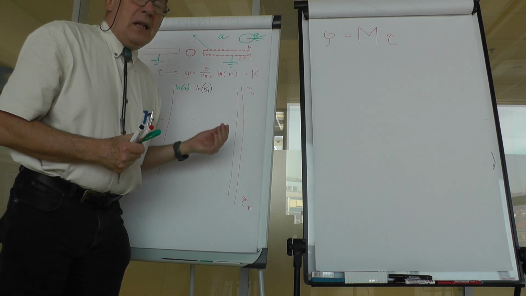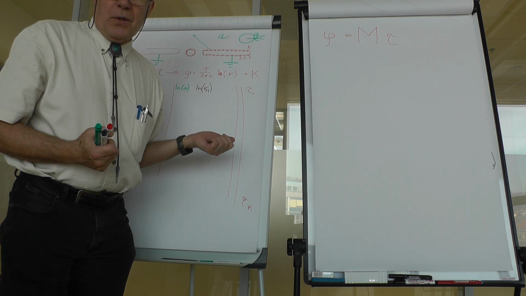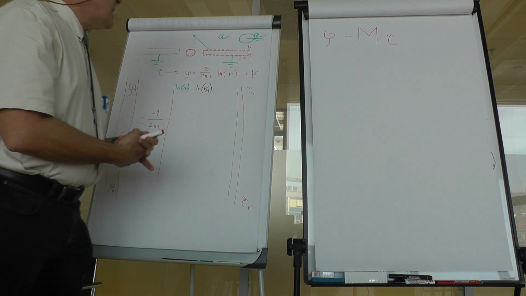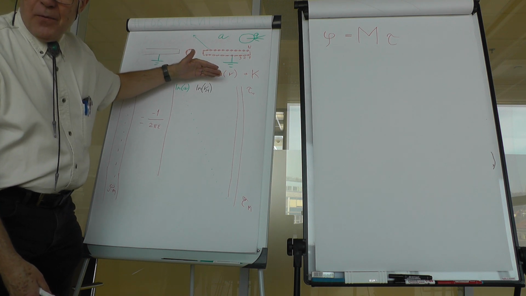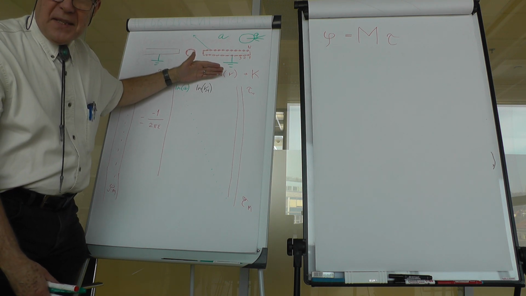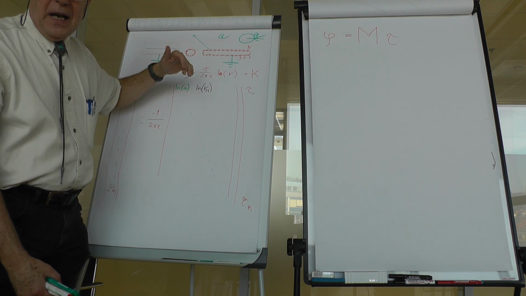But still I have one more condition that I have not used, and that is, if I want to solve this structure, mostly I would like to find out, for example, the capacity per meter of the line.